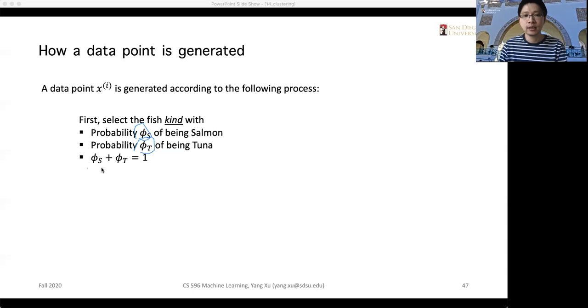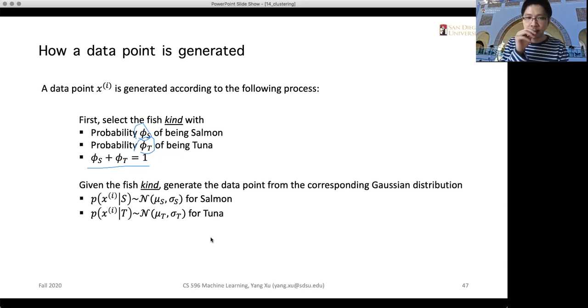These two probabilities sum up to one because there are only two possible outcomes; they have to be normalized in this way. That is step one. In step two, given the fish kind, we generate one data point from the corresponding Gaussian distribution. Salmon has its own Gaussian distribution described by the mean of salmon and the sigma of salmon. Tuna also has its own distribution described by the mean of tuna and the sigma of tuna. So it's a two-step problem.